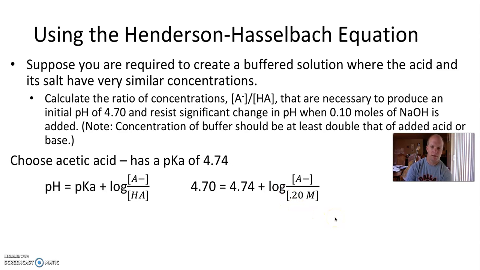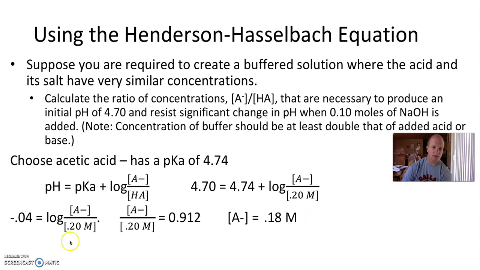Okay, so start solving this, right? So I subtract, and I get -0.04. Then I reverse the log, right? And I do that by doing 10 to the negative 0.04. When I do that, I get 0.912 is equal to A over 0.2. Okay, and then when I solve it, I get 0.18 molar. So that tells me the concentration of my acid or base on top.